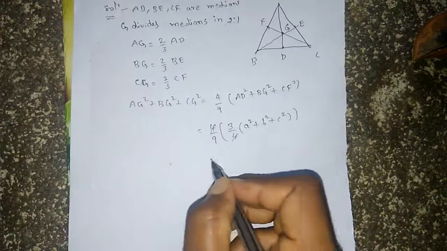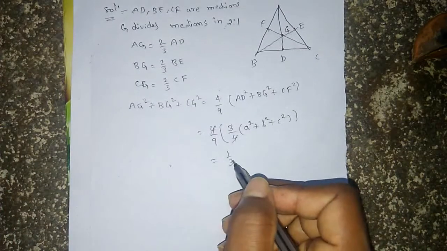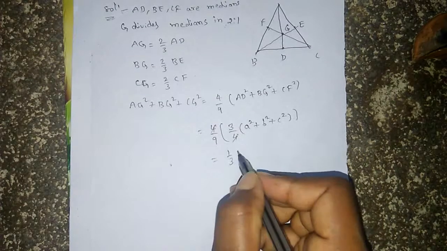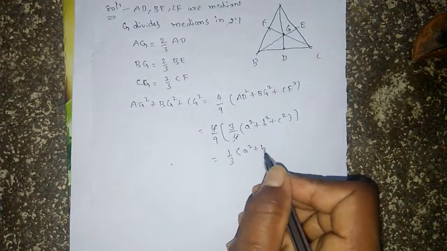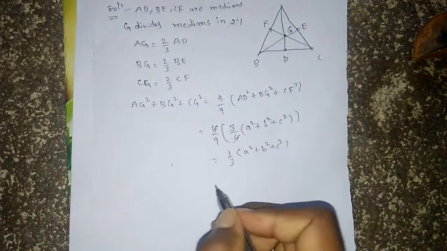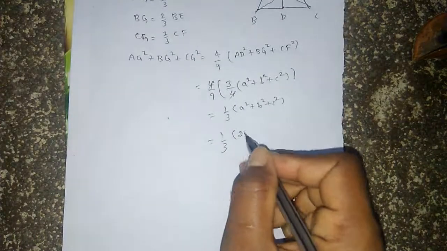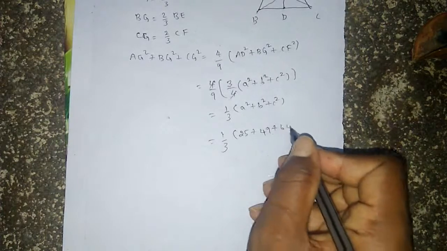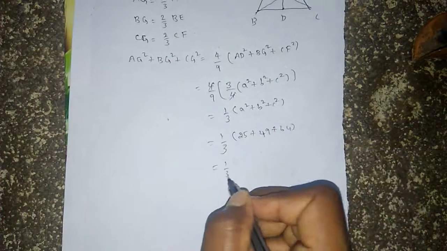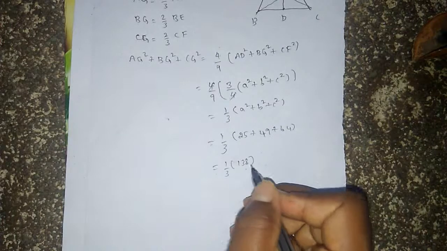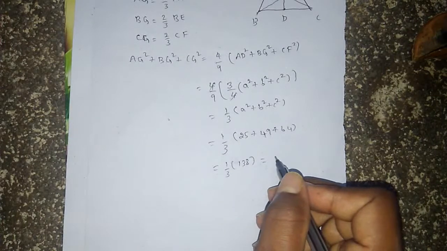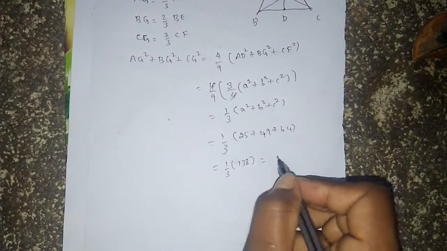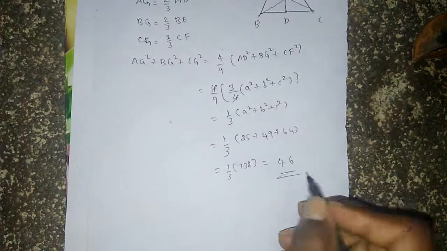Here 4 gets cancelled, that is 1 by 3 of a square plus b square plus c square. Now sides are given as 5, 7, 8. This is 25 plus 49 plus 64. That is 138 by 3, which is equal to 46.